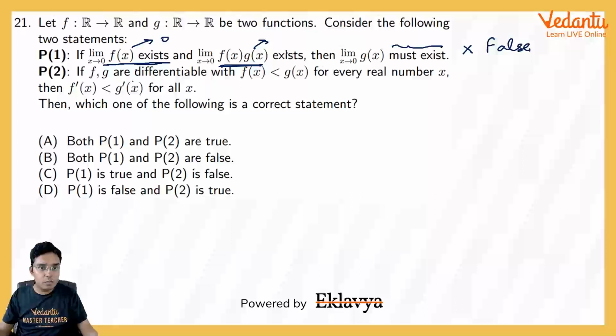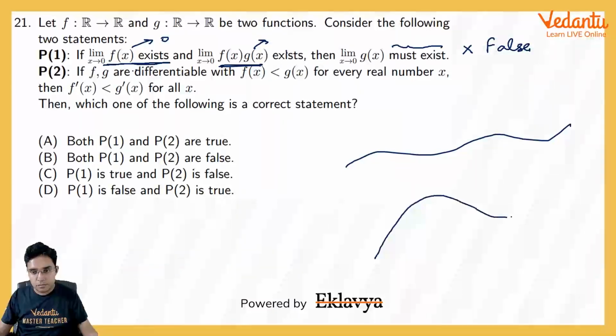Okay, now coming to the second statement. f, g are differentiable, f(x) less than g(x) for every real number x. Then f dash x is less than g dash x for all x. See, f(x) is less than g(x). Okay, so let us make one function g(x) which is bigger than f. So this is my f(x) function, this is my g(x) function.